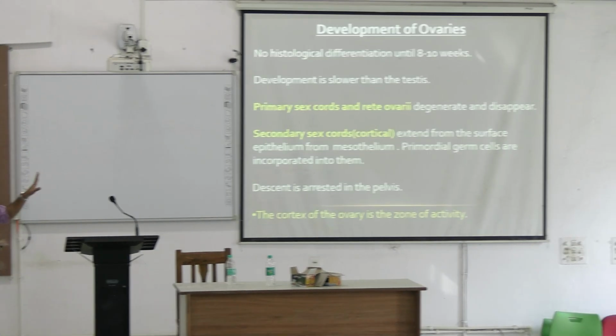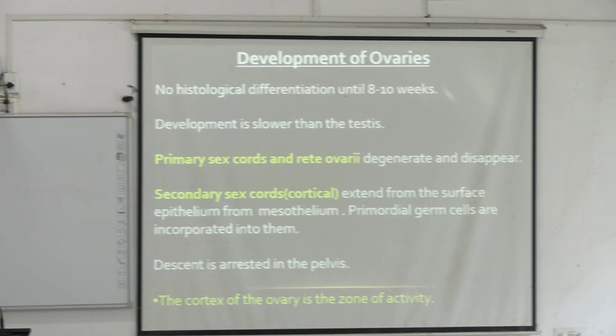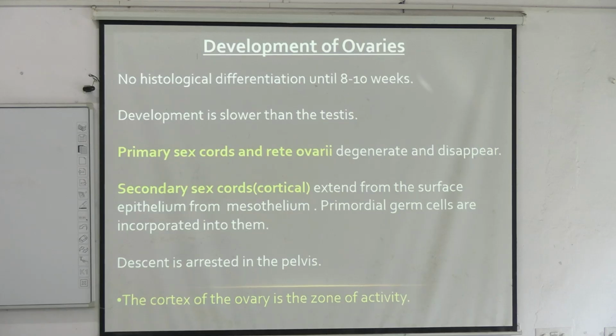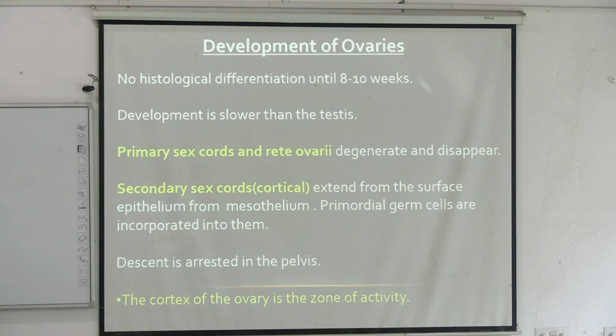Coming to the developing ovary, the story of ovarian descent is different from that of the testicles. With the ovary, the same guide wire which helps it descend, known as the gubernaculum, is there, just like it was in the testicles. But the shortening of the gubernaculum in the female is interfered with by the growth of the reproductive organ, the uterus.